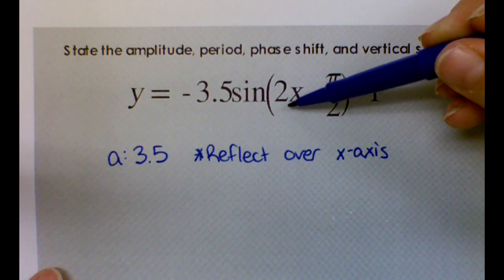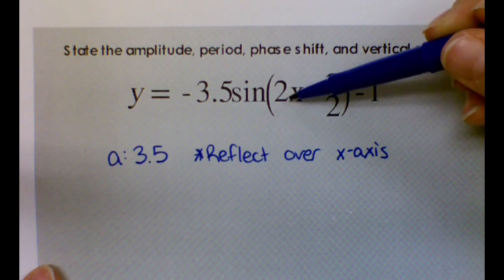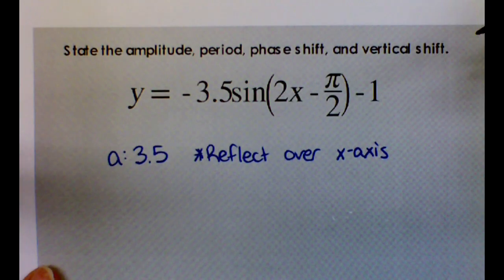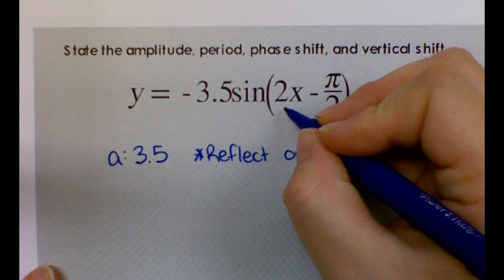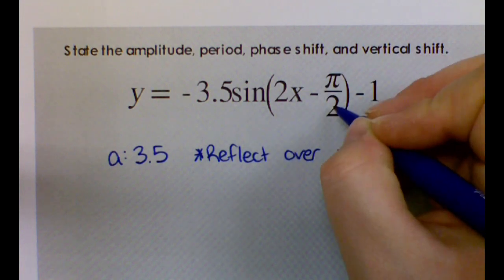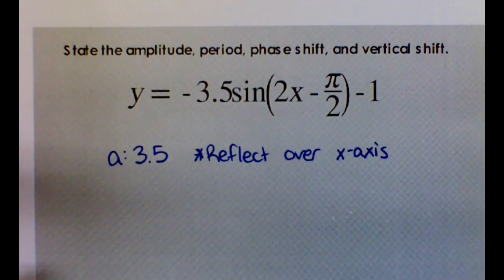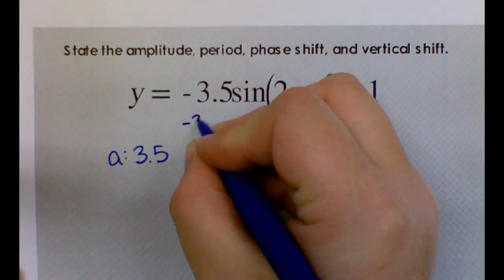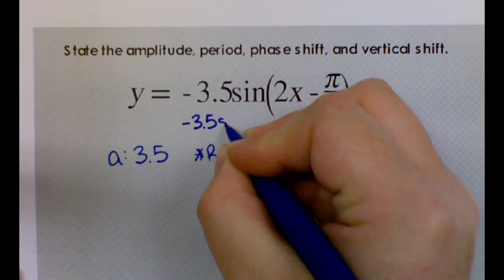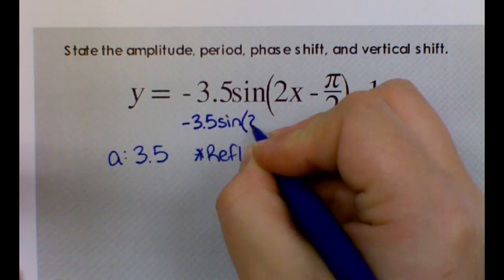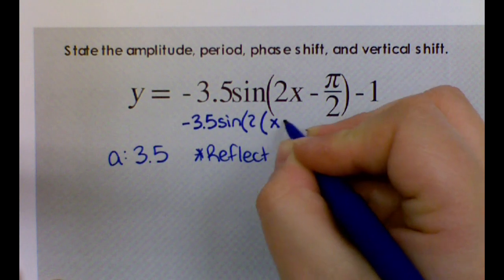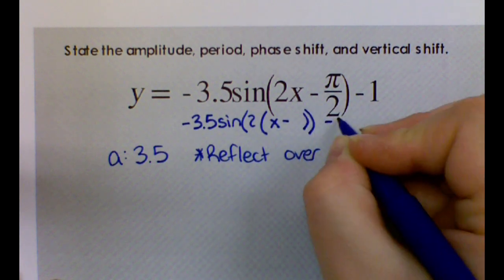Now, anytime we have a b value, we might have to do some extra work. If there is a phase shift and the b value is not factored out, you need to factor it out. So we are going to rewrite this as negative 3.5 sine of 2 times x minus something, minus 1.